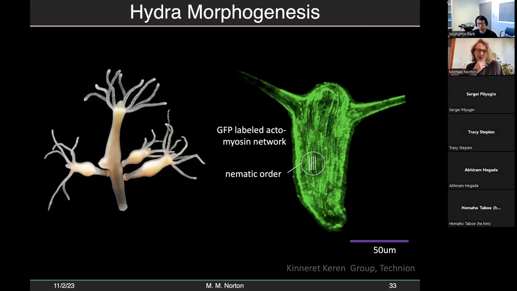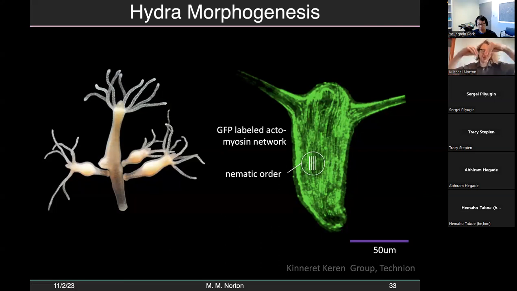And just as an exemplar for what kind of feedback is out there, we can look at morphogenesis. So the Hydra microorganism is very well studied because its body plan is extremely robust to perturbations. Coincidentally, its body can also be described in terms of the nematic order of this actomyosin network that pervades the organism.